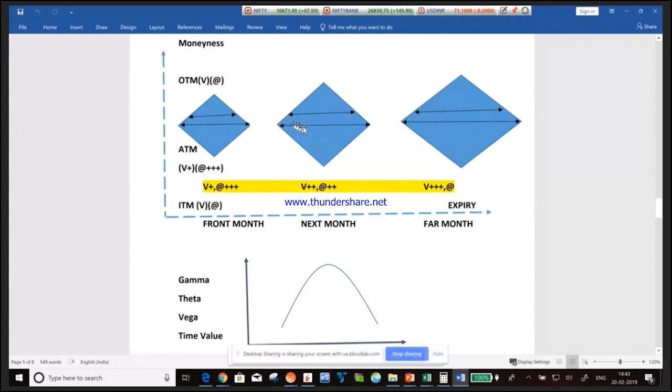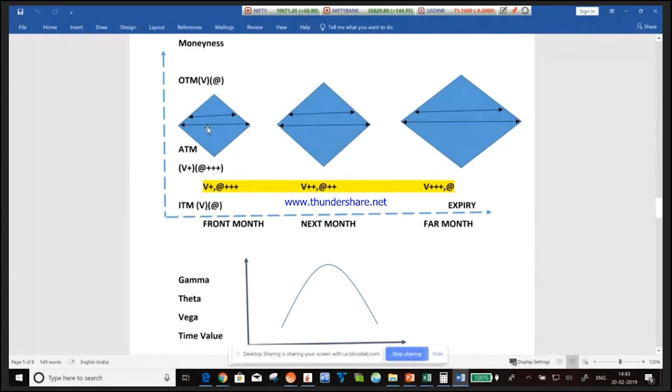That is, Vega is going to be higher. Similarly, you go to the far month. Now you see a bigger value of Vega, right? So at the money, same strike, but different expiry, different values of Vega.